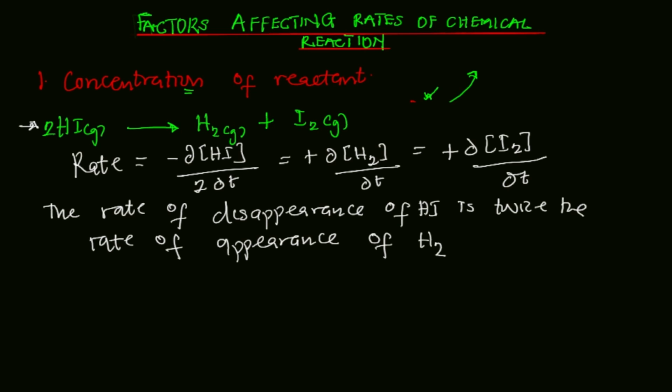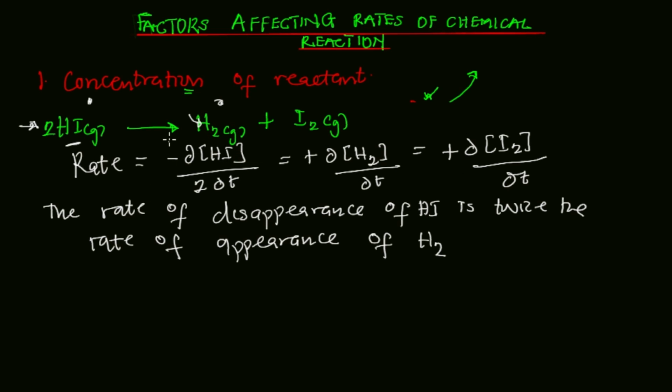What you have to know here is that if I'm relating this hydrogen iodide and hydrogen gas together, the rate at which this HI decreases is twice the rate at which this hydrogen gas is formed, right? So that's what the rate expression is expressing, the rate equation.